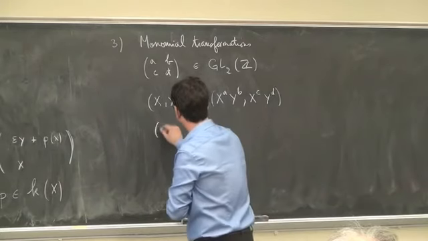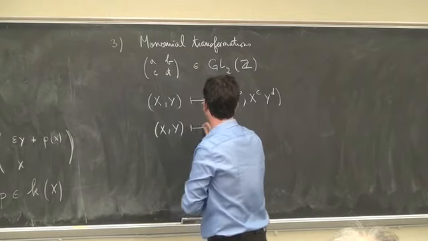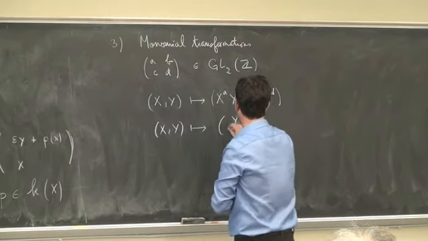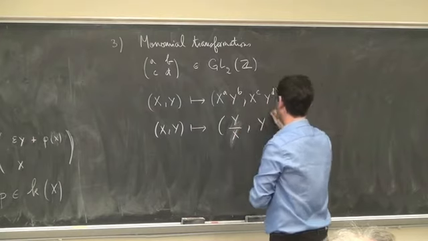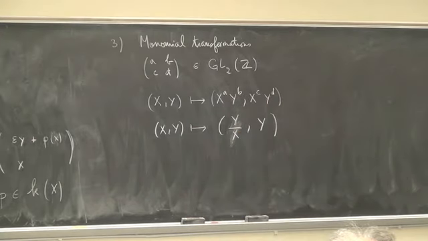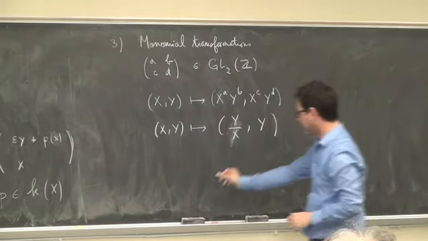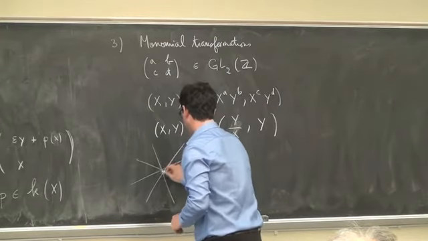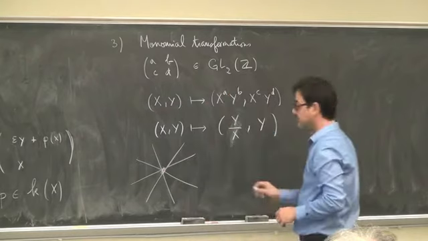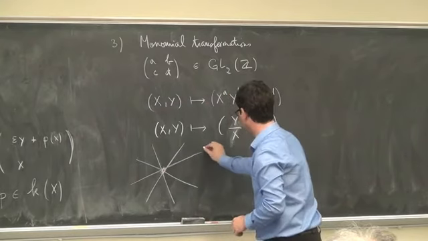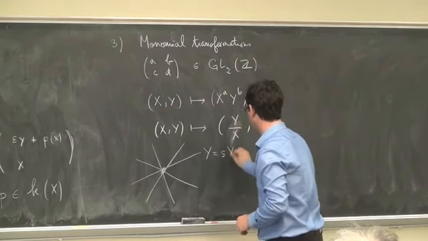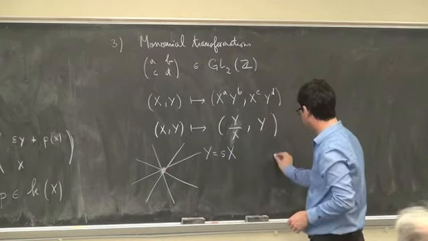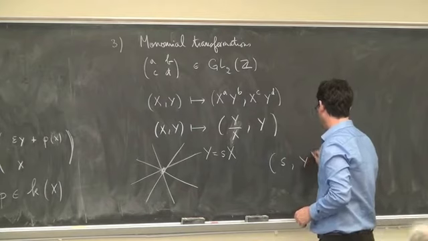Now take this one, (x,y) goes to (x, y over x). That's an example. Look at what happens when you take the family of lines through the origin. Along the line y equal to s times x, where s is the slope of the line, the image is just s.